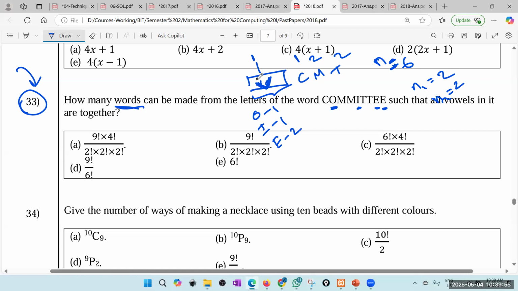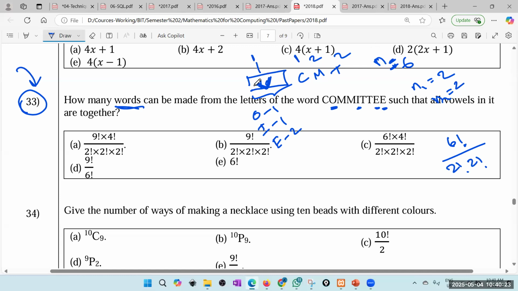So if you have n non-distinct elements and you take all n elements, how many ways can we arrange them? That is factorial n, that is factorial 6, divided by factorial n1, because we have two M's, and factorial n2, again factorial 2. Factorial 1 is 1.